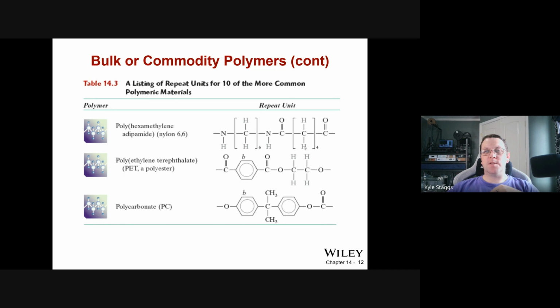So that's what this means. It's repeated this many times. So if you were asked something like, how many carbons does this particular polymer have? 6 plus 6 is 12 in total.